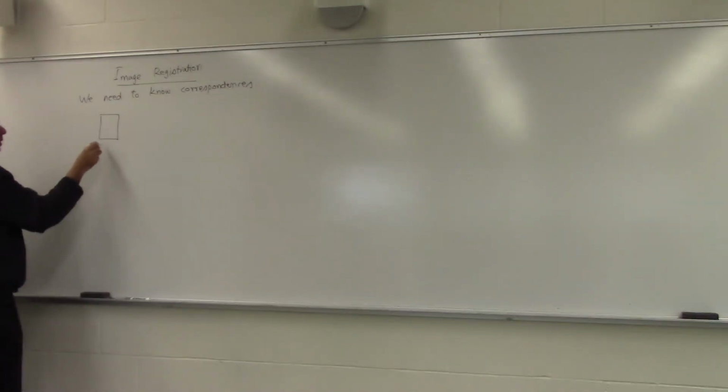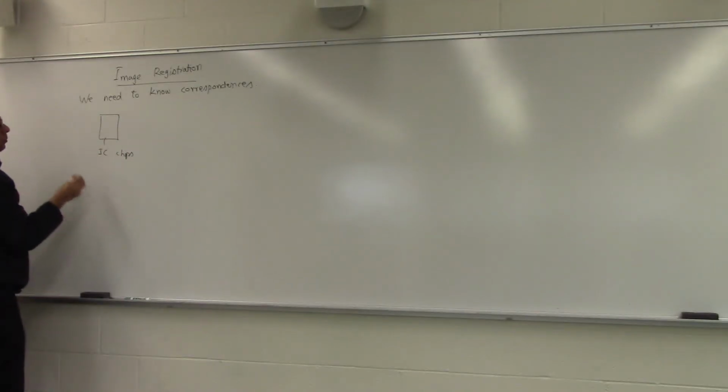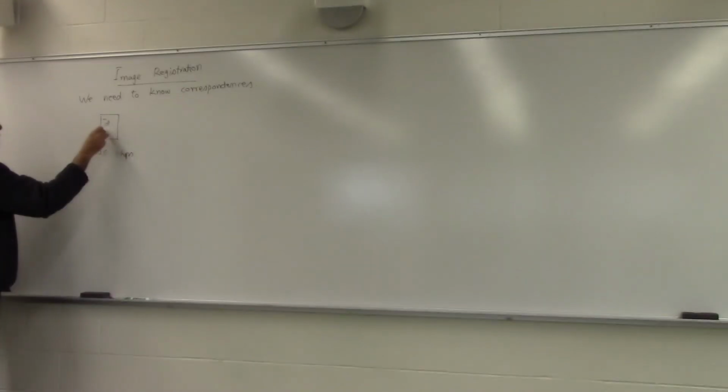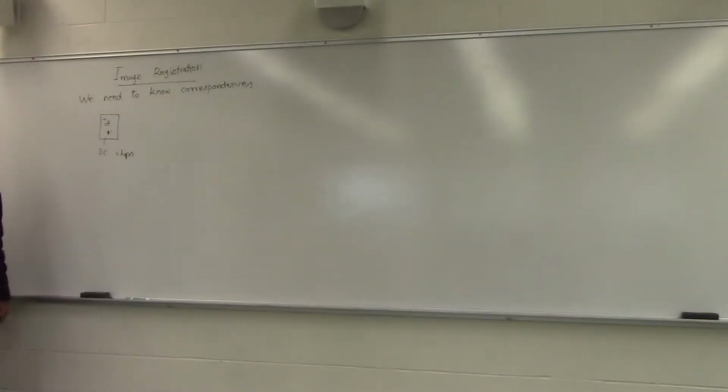Okay, let's say you were dealing with some rectangular type of objects, for example, integrated circuit chips, and you wanted to analyze the circuitry in the two chips, whether somebody copied it or not, whether they are similar or not, right?